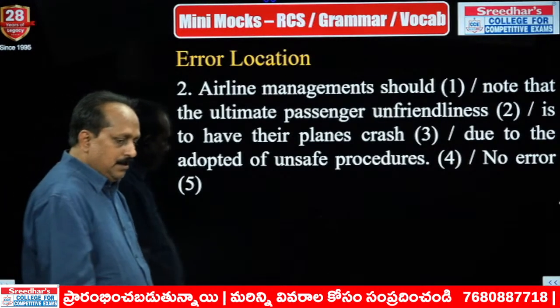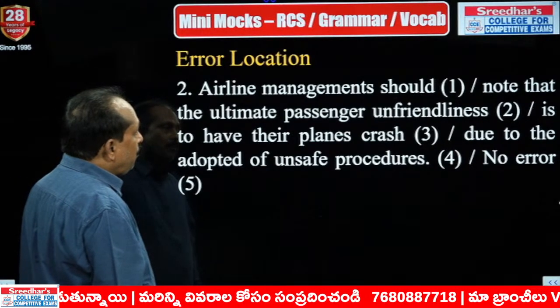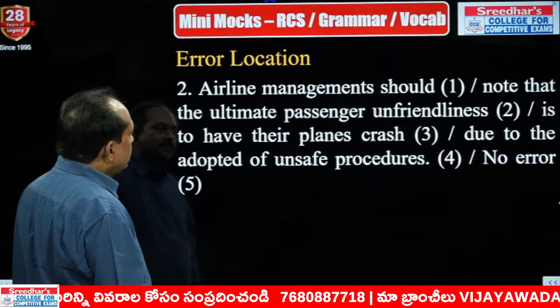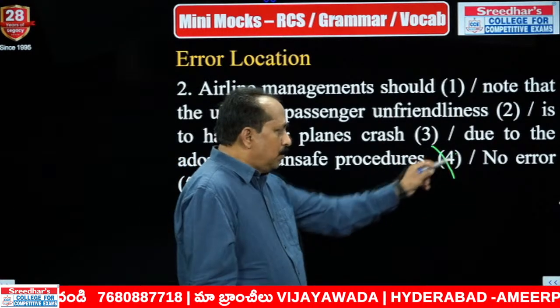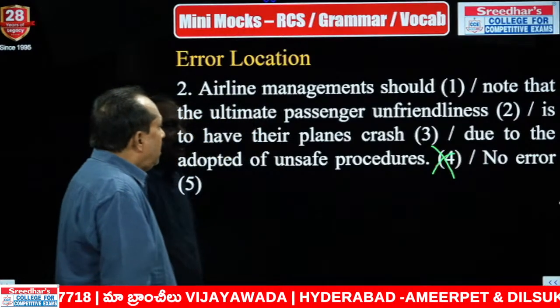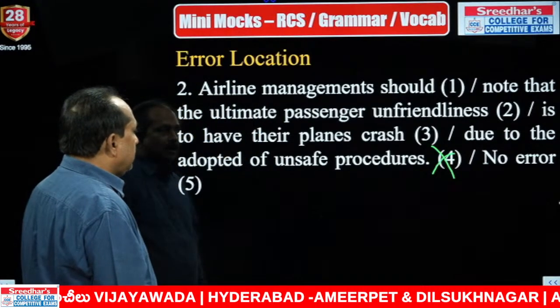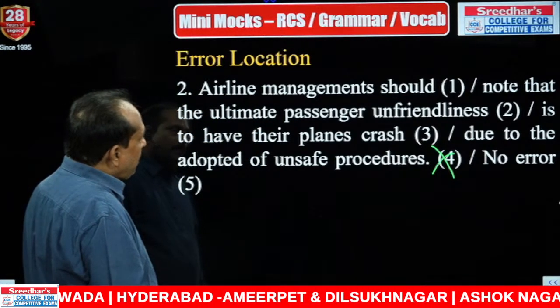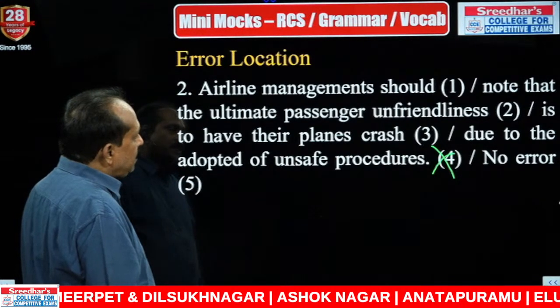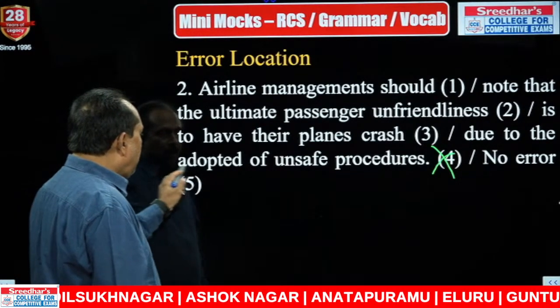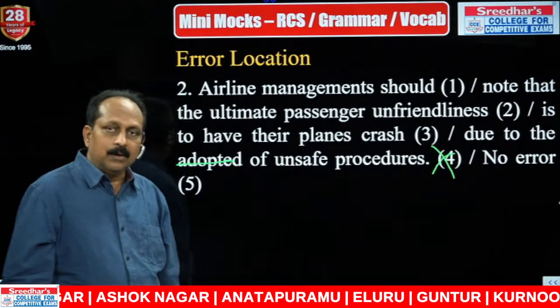Some students say fourth part, some say second part. There is an error in the fourth part. But what is wrong with the fourth part? Airline management should note that, nothing wrong. The ultimate passenger unfriendliness is to have their planes crash due to the adopted of. Adopted is not the right word.